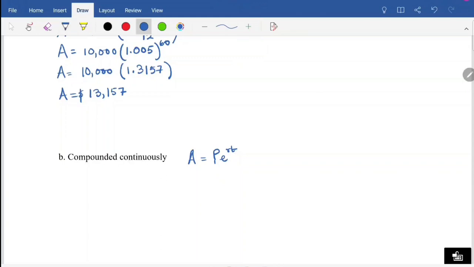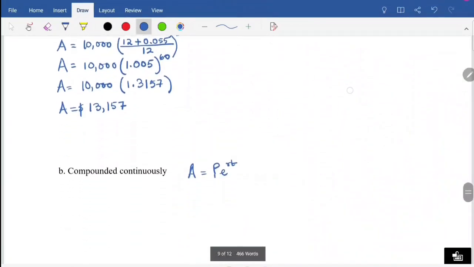So the same data applies here. We will have A equals, P is $10,000. And then we have e, the natural base e, which is a constant value, right? r is 0.055, and t is 5 years.